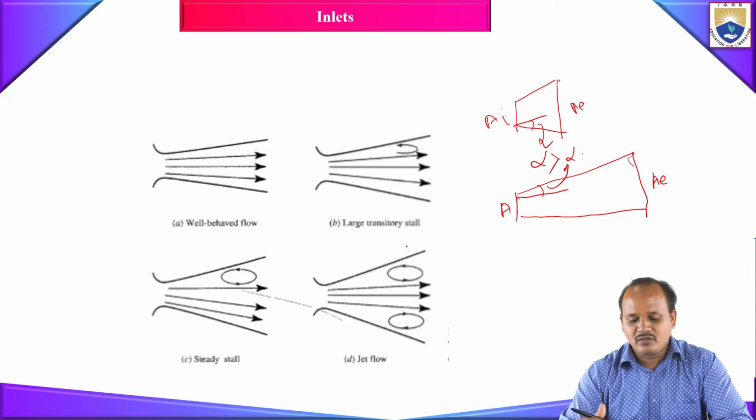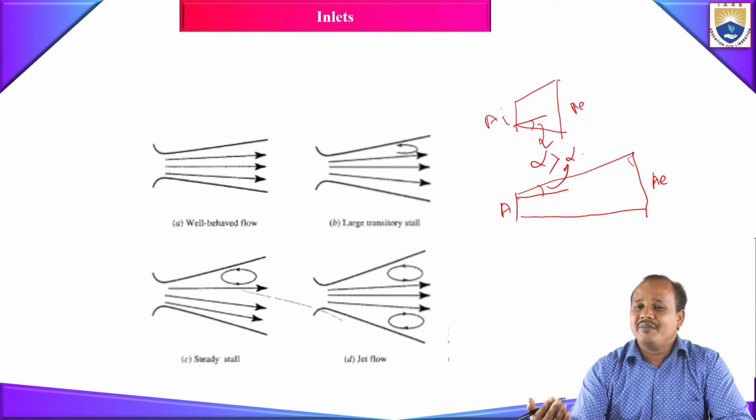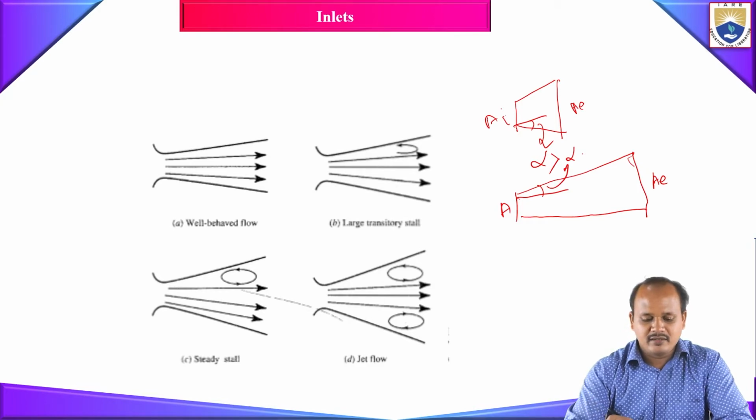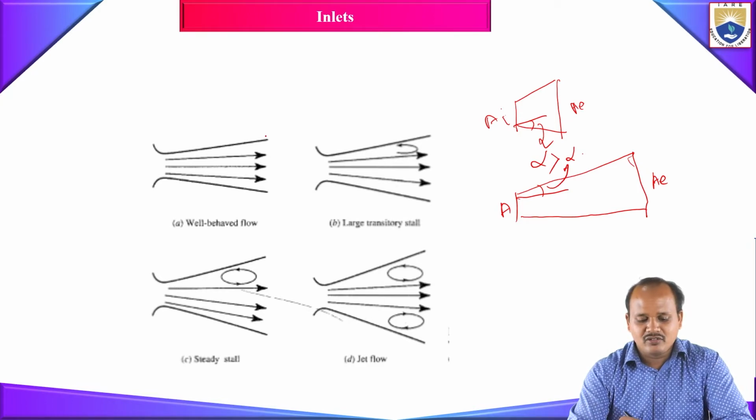The flow separation will occur easily compared to the intake which has more length. So there are 2 sources of flow separation. One may be due to the inlet condition of your flow, or it may be due to the design. You can see here a well behaved flow, in the sense there is no flow separation.